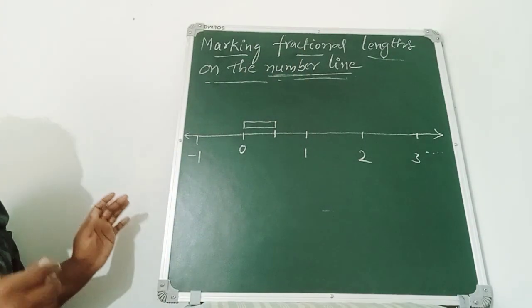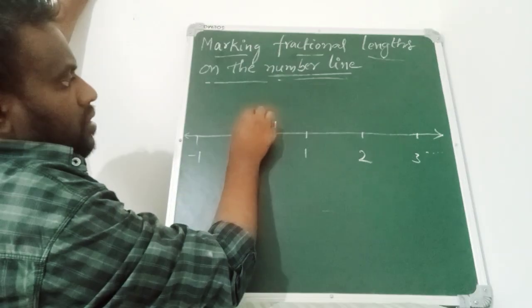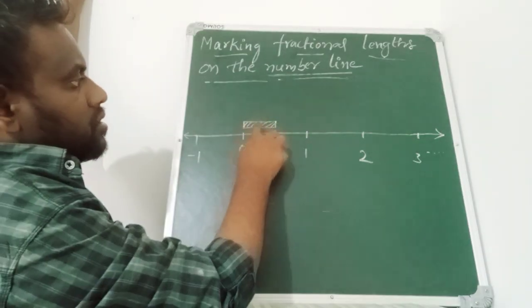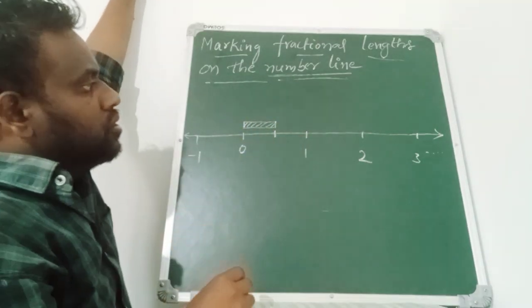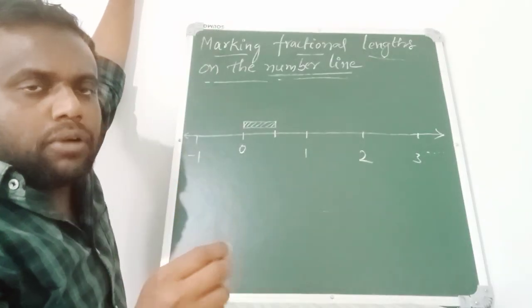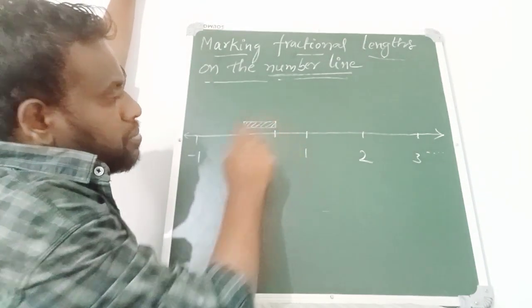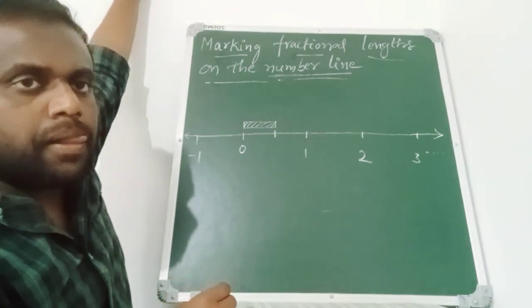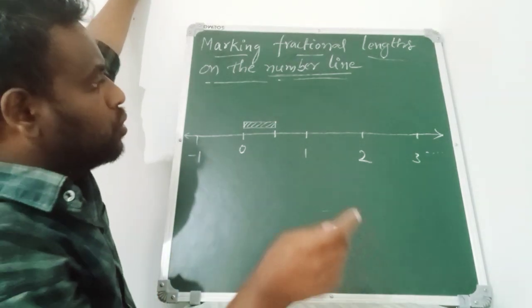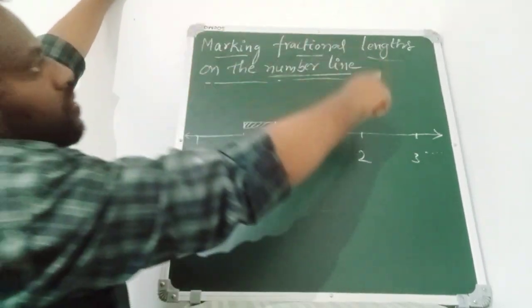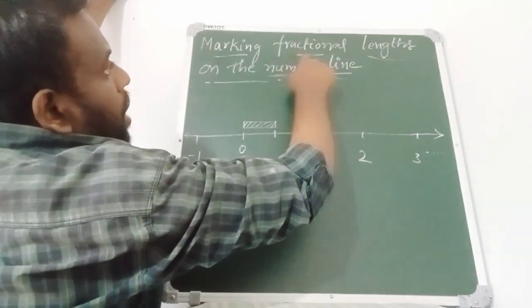See, this is the box. You have to find the length of this box, and you have to write it here. Okay, here what is that? Not just length, fractional length.